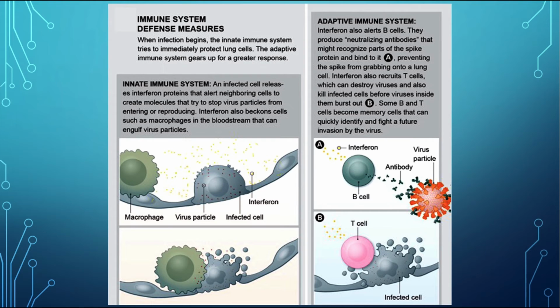B and T cells are a major component of the adaptive immune system. B cells are responsible for producing the specific antibodies used to neutralize the invading virus. The T cells differentiate to killer cells that kill infected cells and also differentiate, or change, into T memory cells. The T memory cell will recognize the specific virus and will mount a defense against it. This process is explained in more detail in previous videos.